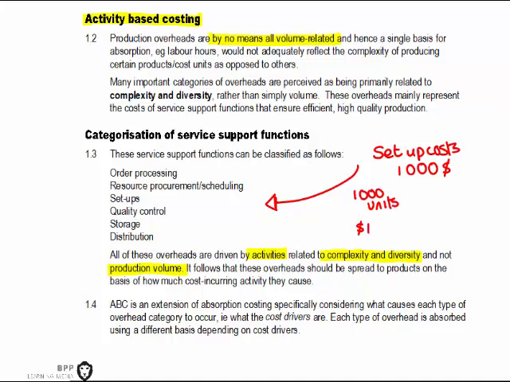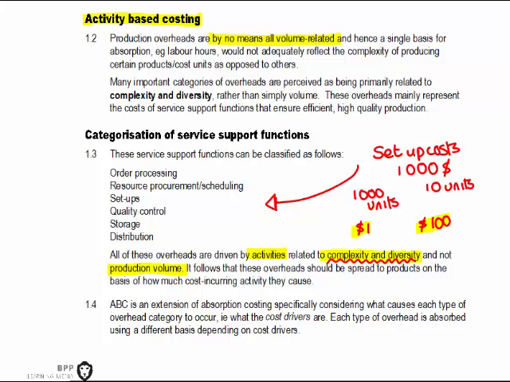But because of a lot more customization, a lot more complexity and diversity in the products, then maybe we can only do 10 units on that particular setup before we have to change it to something a little bit different because another customer wants something else. Now that's going to change the cost dramatically. It's going to now be $100 for each unit. Now that's going to have a really dramatic impact if we're using those costs in order to set our selling prices. And we certainly need to reflect that.